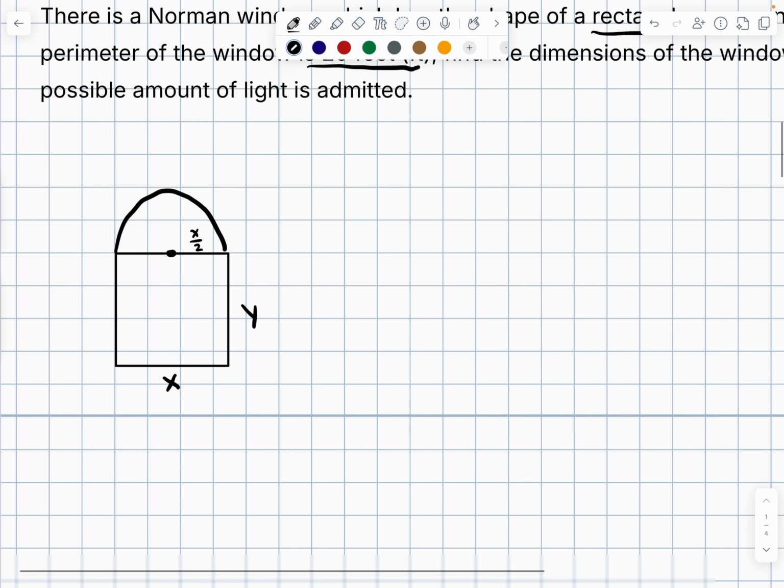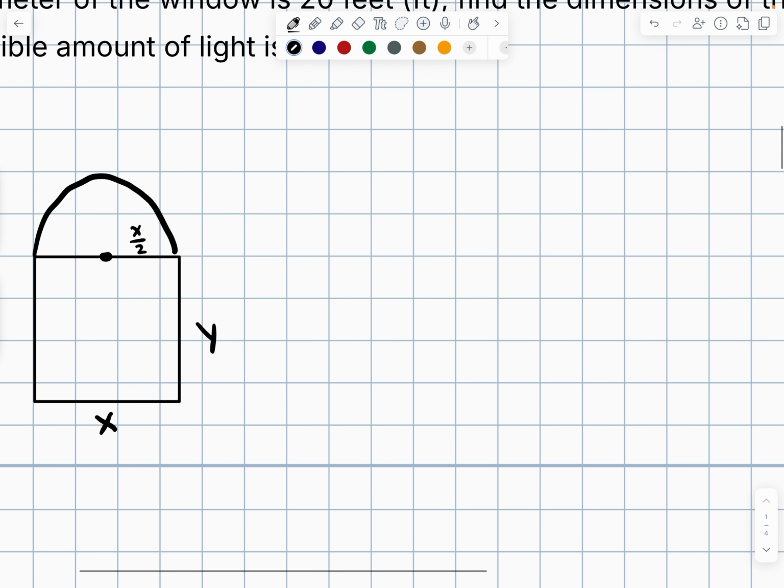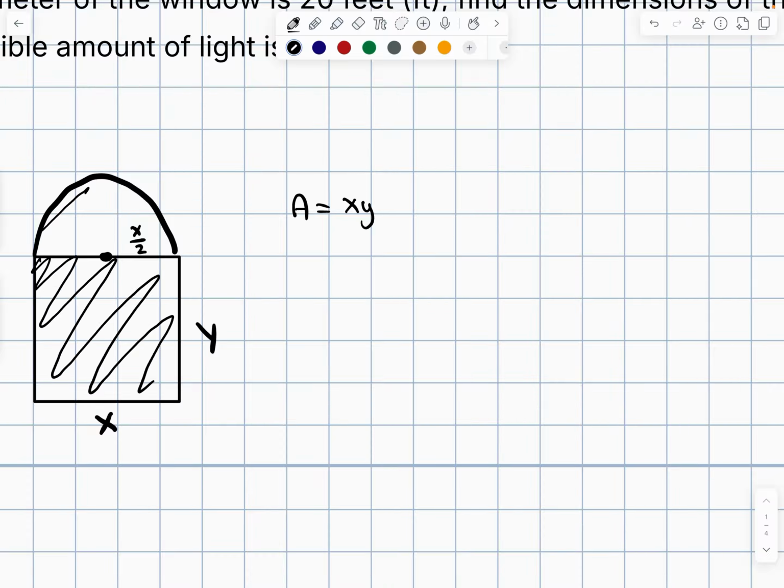Now, since we have that done, we're going to make our equations. So I'll start off with making our area equation. Area is usually equal to length times width, but for now, we're just going to do x times y, and then we're going to add that with our semicircle area. That just gives us this area, but we also need to do this area.